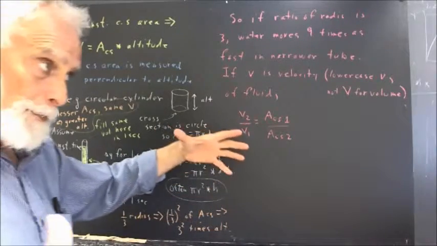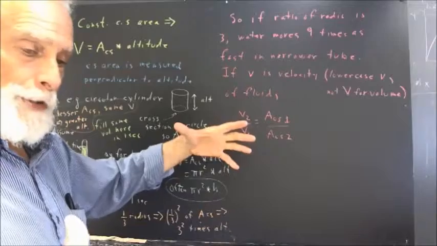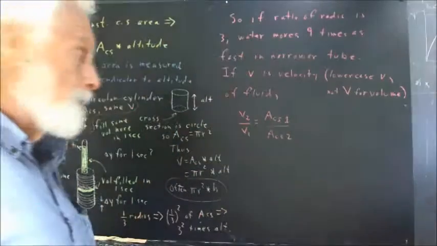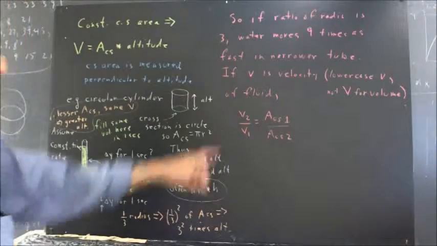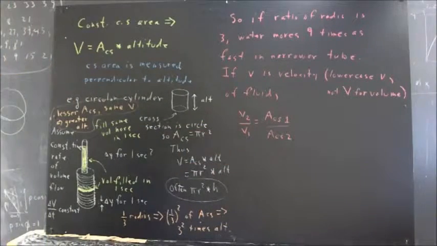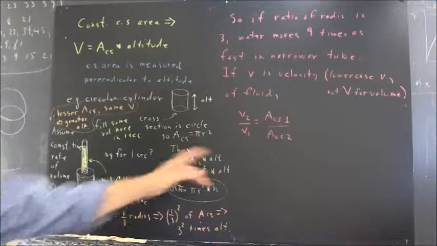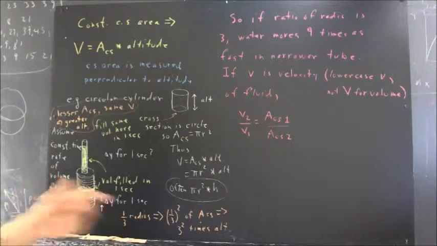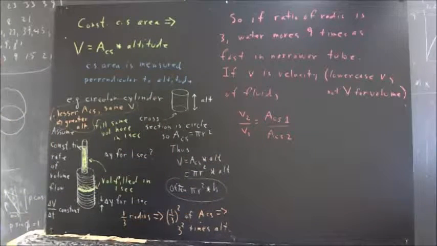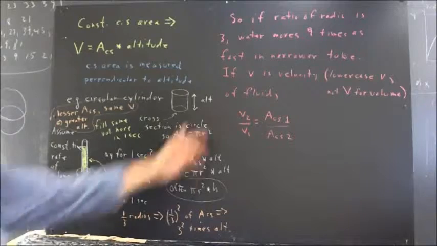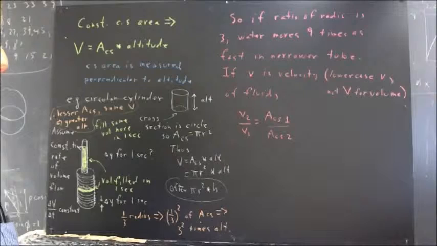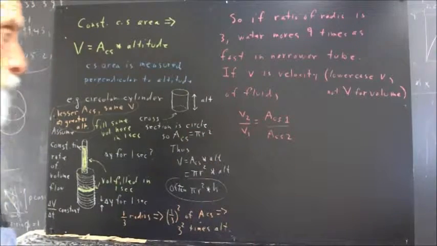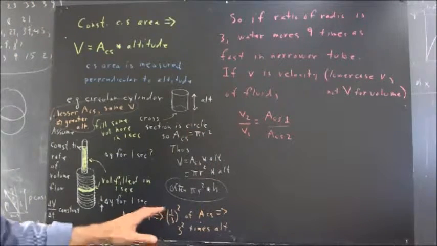You know what happens when you've got this big chunk of magma and something compresses it and it comes up through this narrow tube. You have lava streaming up into the air. Same principle. So this is very, very important, widely applicable, and this thing is actually called the continuity equation. Very important idea throughout many of the sciences.